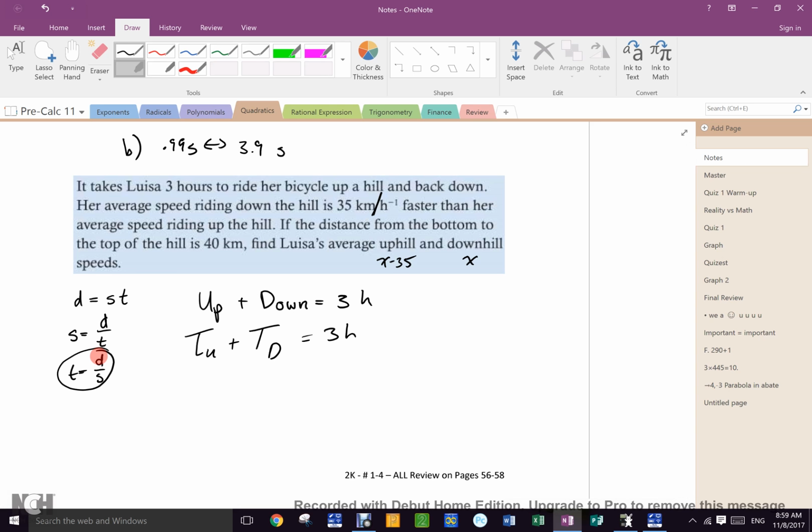Okay, so what's the distance of the trip up the hill? Read the question. 40. And what's her speed up the hill?